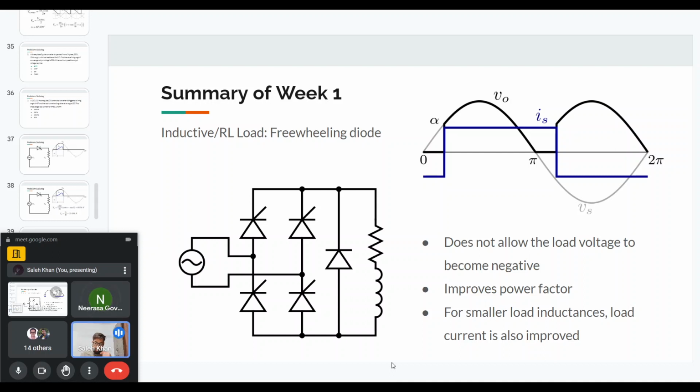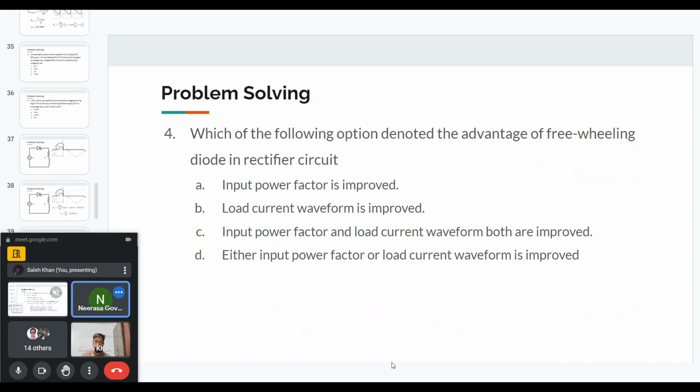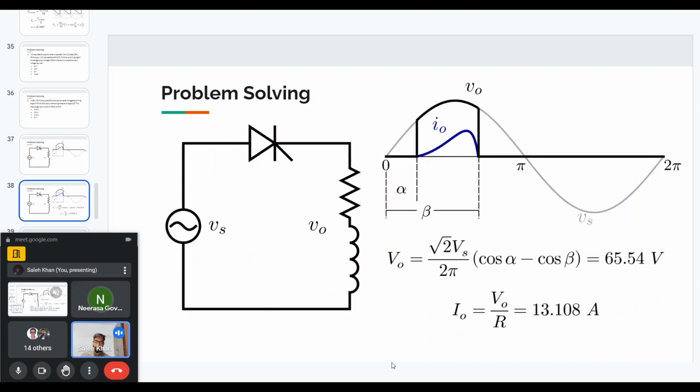Okay, you want to know the difference between full wave and half wave rectifier. The half wave rectifier circuit is like this. It basically has only one diode or one SCR, so it will only conduct during the positive half cycle of the voltage. That is why it is called a half wave rectifier.